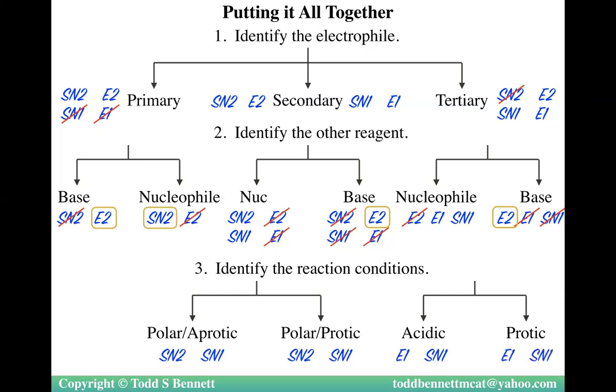So for this one, we can just go ahead and get rid of SN1, pick SN2. This one, we can get rid of SN2 and pick SN1. For acidic conditions, you end up with elimination. And protic conditions, you end up with SN1. But you still are going to, again, get potential impurities. But this is a pretty good flowchart.